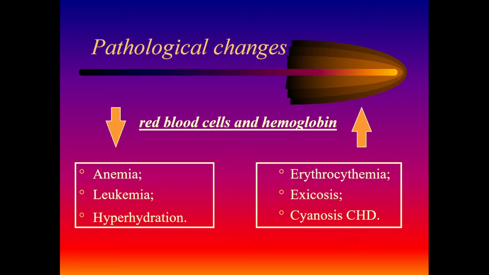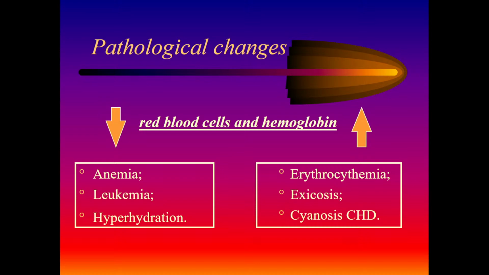Pathological changes of red blood cells and hemoglobin: if these parameters decrease, it is named anemia, with leukemia and hyperhydration as reasons for this decrease in normal parameters.